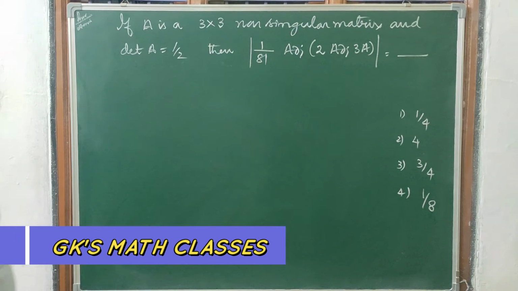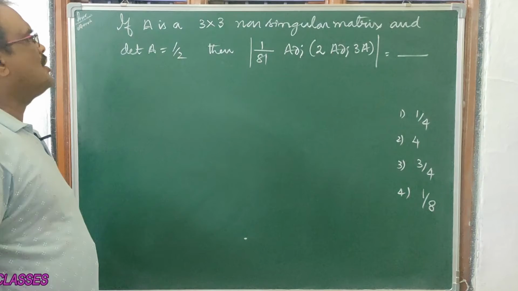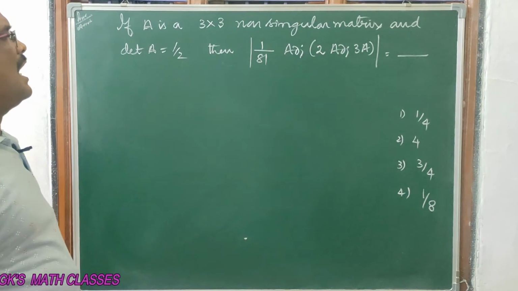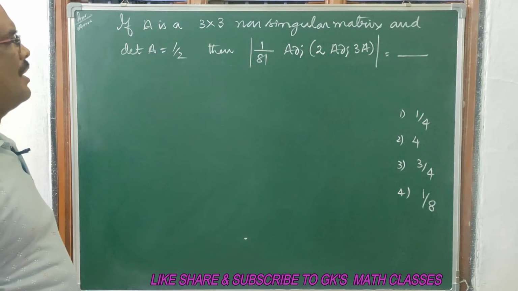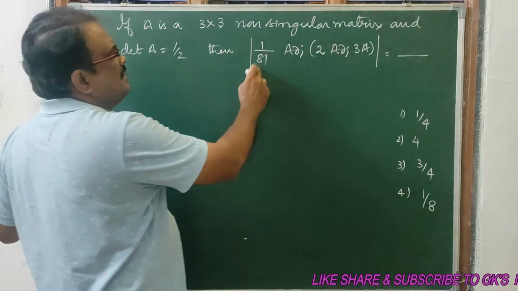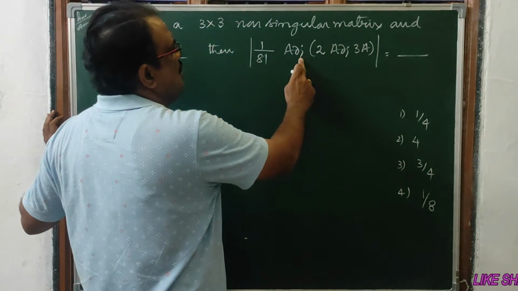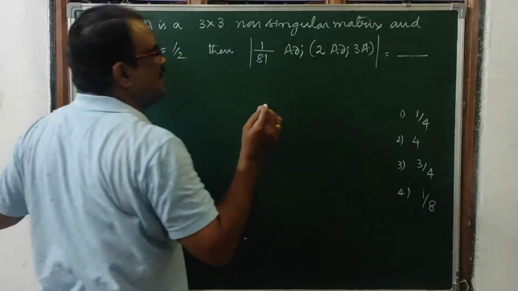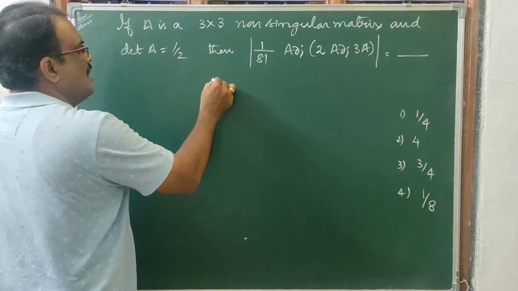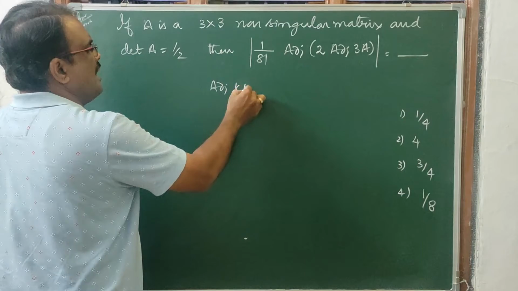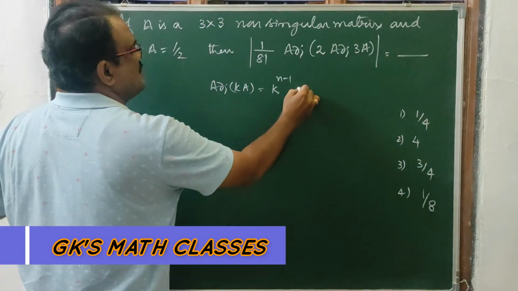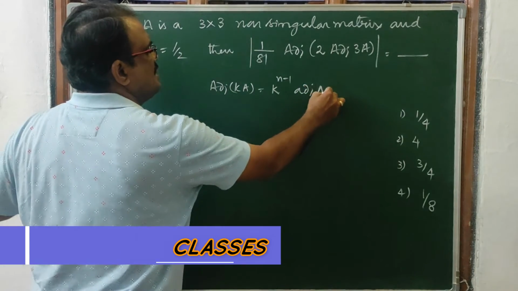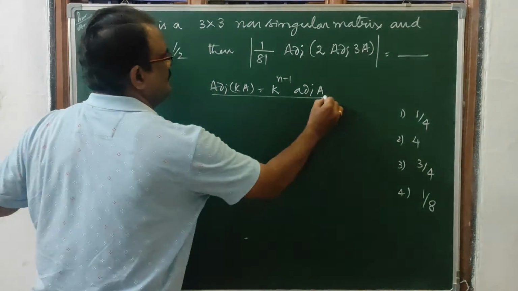A is a 3 by 3 non-singular matrix and det A is equal to 1 by 2. Find the determinant of 1 by 81 adjoint of 2 adjoint 3A. We have the formula: adjoint KA is equal to K power n minus 1 adjoint A. Keep it in mind.